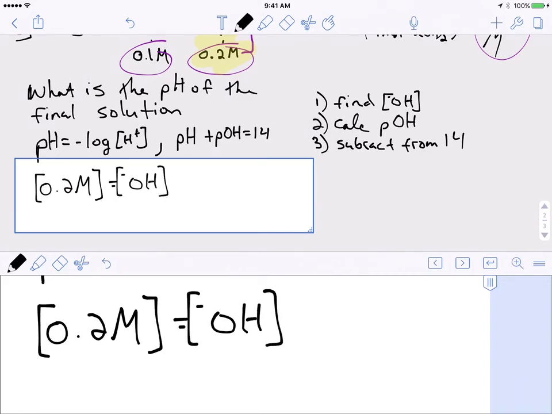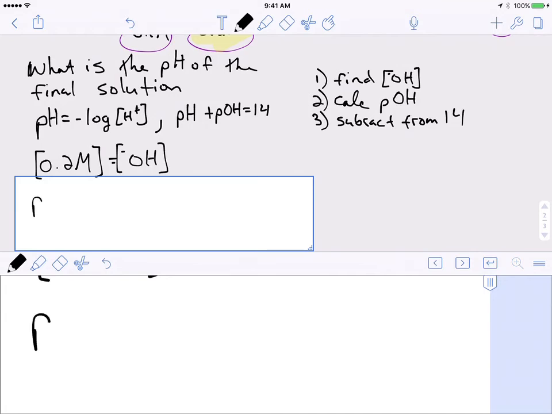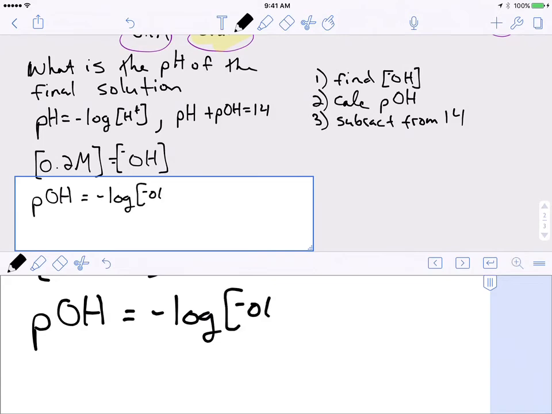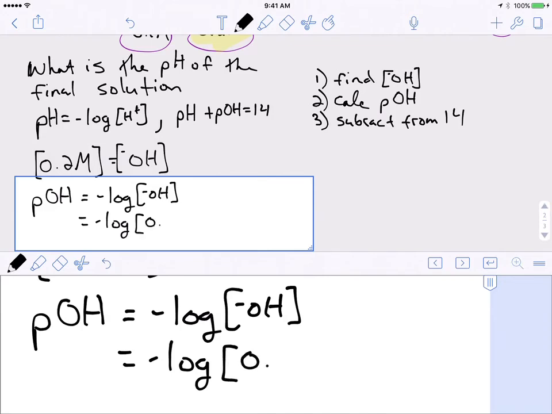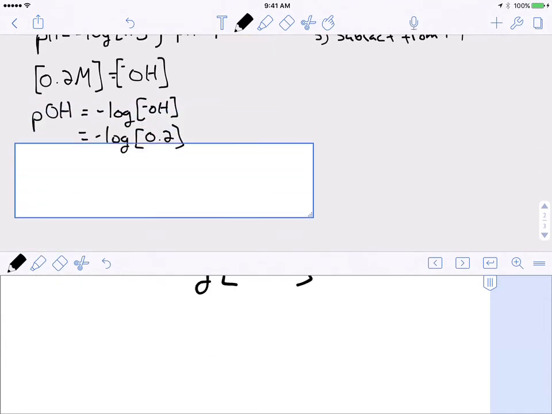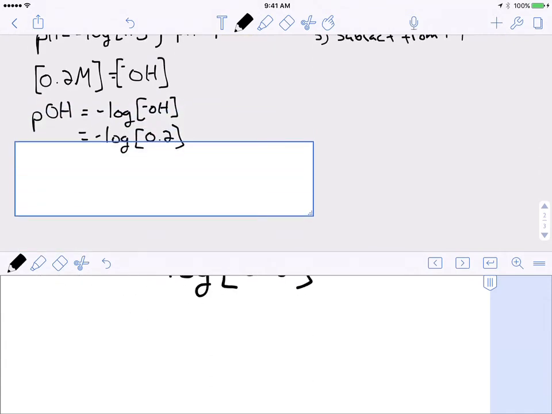Okay, so what is my formula for pOH? Negative log of OH-. So what's the negative log of 0.2? Well, fancy calculator.